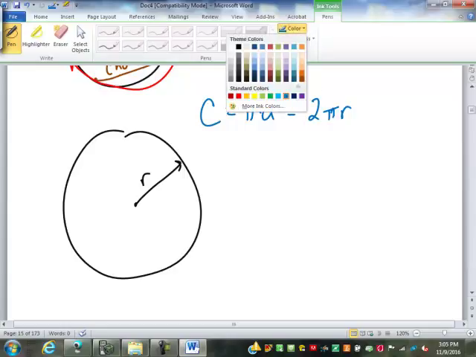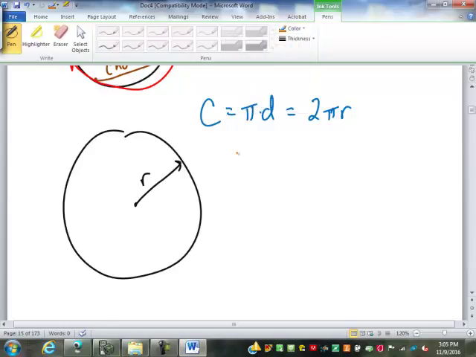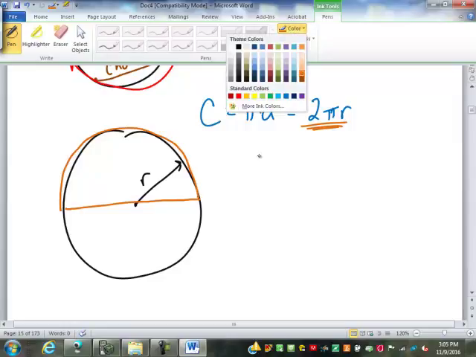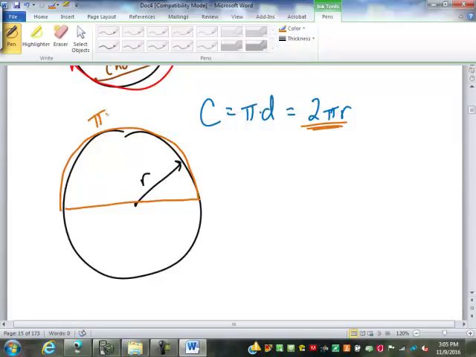So the circumference of this circle, the distance around, is 2 times pi times the radius. What if I cut this circle in half? What then would be the distance around half the circle? Well, that would just be pi times the radius, right? If I divide that by 2, it would just divide out the 2's.